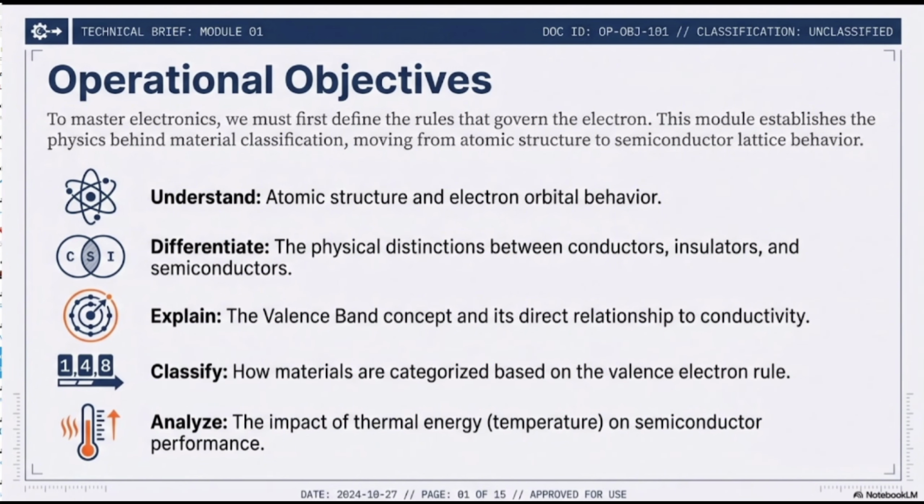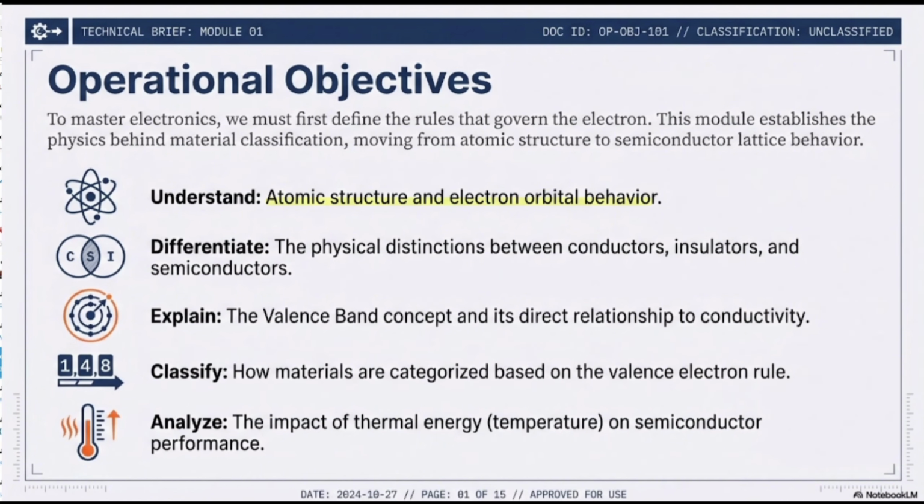The very first thing that we have to see and understand is the atomic structure and electron orbital behavior. When we are talking about electronics and the specific tools that I mentioned, we will see how they are actually built, how we are going to use them, and based on different sources and different materials connected side by side, how we can actually make electronics.